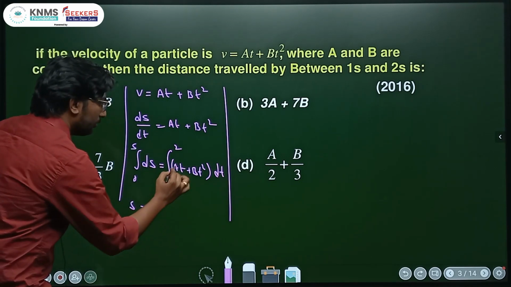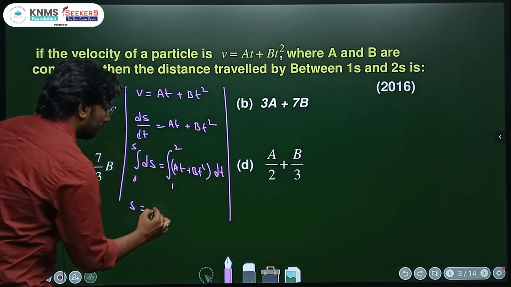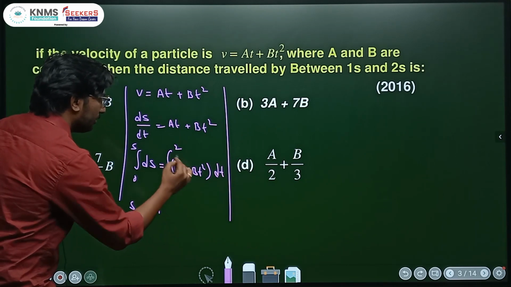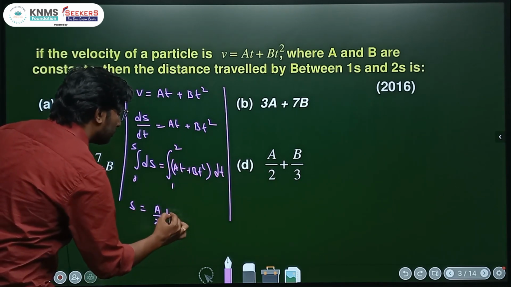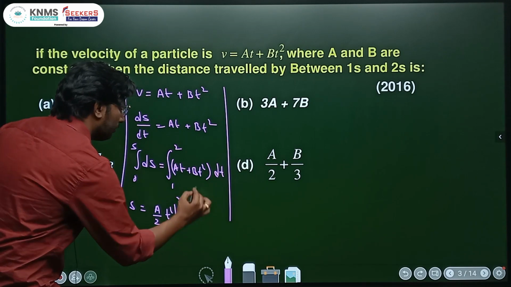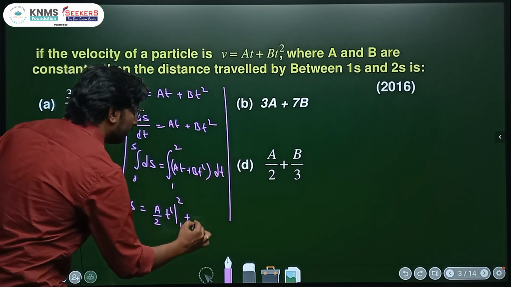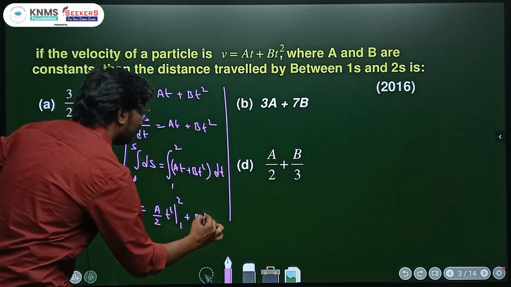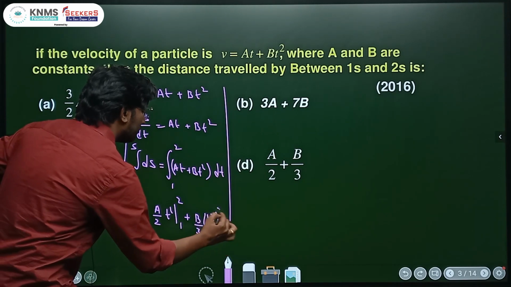So s is equal to, substituting the values, a times the integral of t, which is t square by 2, so a by 2 into t square between the limits 1 to 2, plus the integral of t square, which is t cube by 3, so b by 3 t cube between the limits 1 to 2.